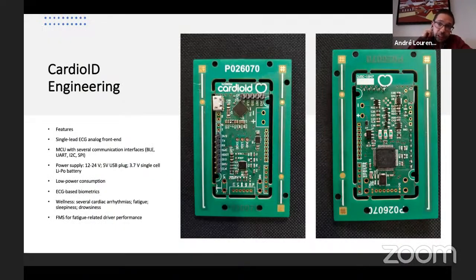And so we created for this a board, an electronic board, where we deployed our sensor and then some of the signal processing and some of the machine learning, and created a lot of interfaces to interact with other providers.